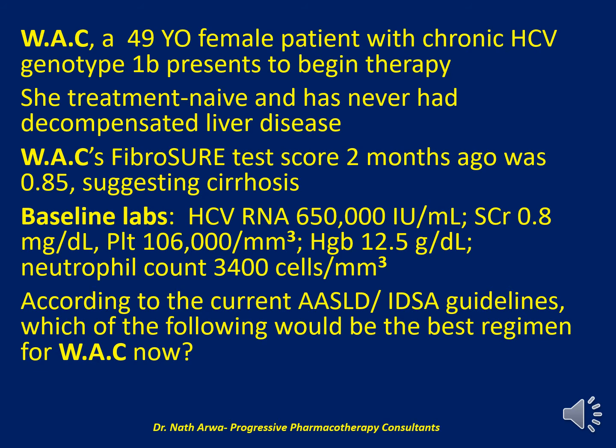Her baseline labs were as follows: HCV RNA 650,000 international units per milliliter, serum creatinine 0.8 mg per deciliter, platelets 106,000 per cubic millimeter, hemoglobin 12.5 grams per deciliter, neutrophil count 3,400 cells per cubic millimeter. According to the current AASLD and IDSA guidelines, which of the following would be the best regimen for WAC now?